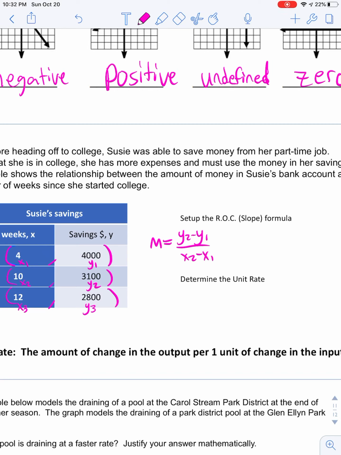So I'm just going to take 2 of those points and use the formula. I'm going to take the second y, which was 3,100, and subtract the first y, which would be 4,000, and put that over the second x, which was 10, minus the first x, which was 4.